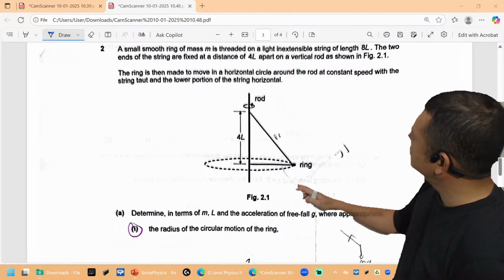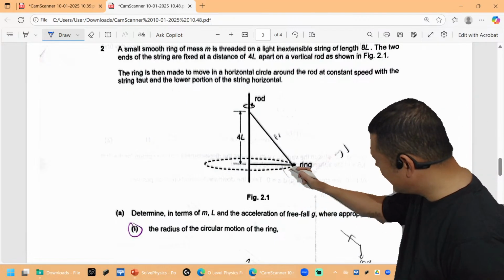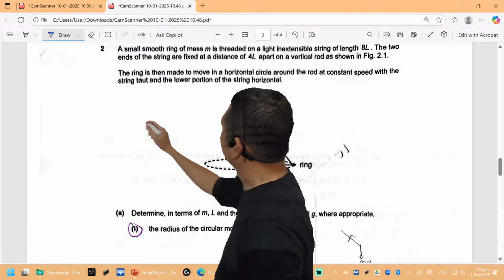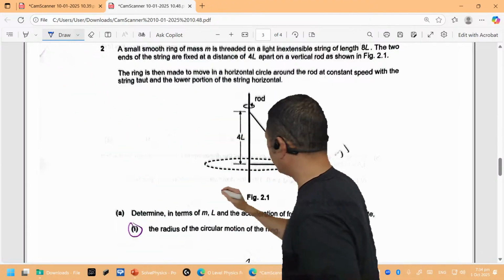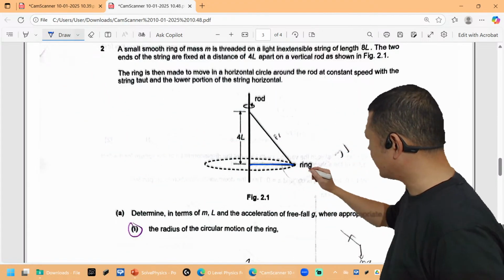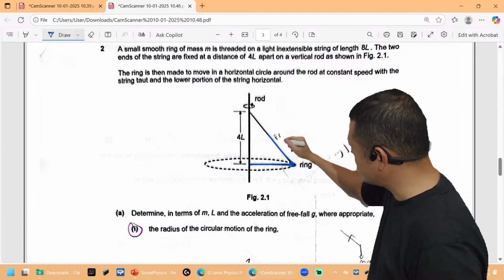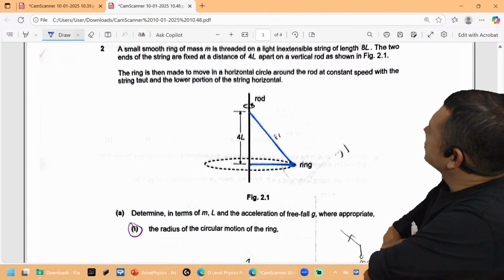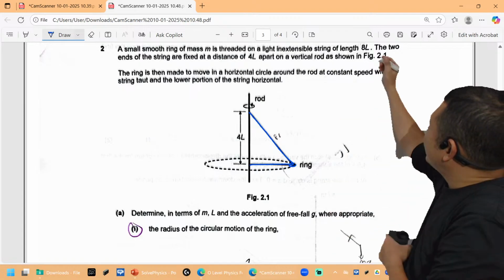Oh, hang on, there's a string here. Is the string horizontal? Okay, the string is horizontal. There's a ring there, and the string is looped around it, like this. So the length is 8L.